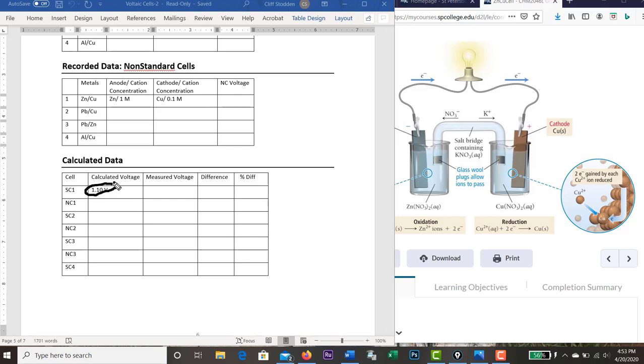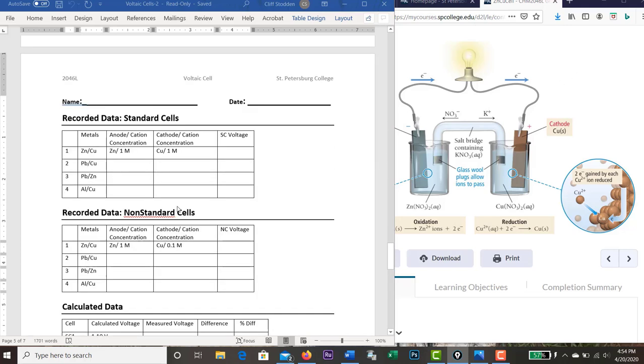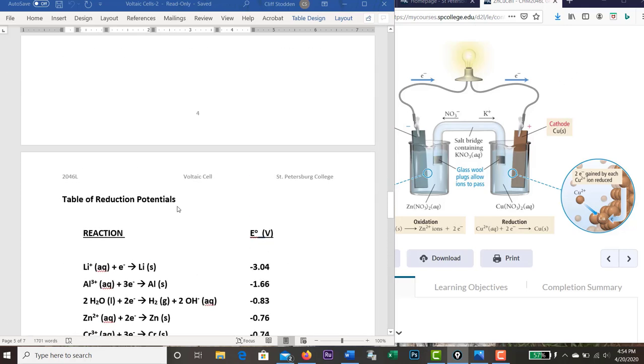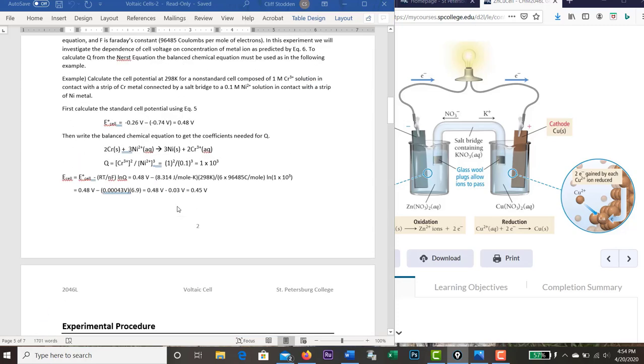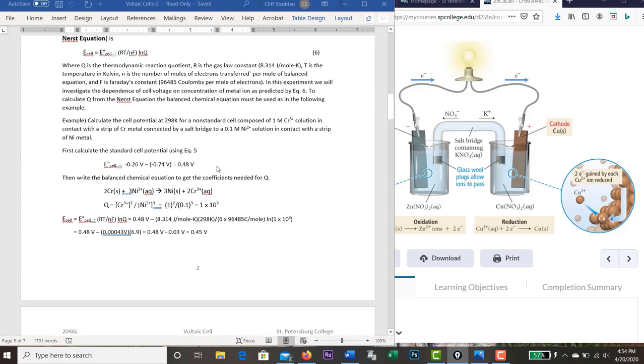Right here. The next thing in the table, though, is to do the non-standard. Now that would depend on which solutions you pick. I'm going to go back up and look at the example that's actually given in the lab manual. This is not any of the systems you guys are actually working with, but it's chromium and nickel reacting.